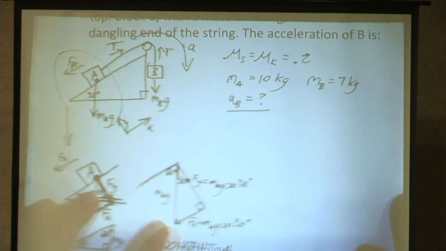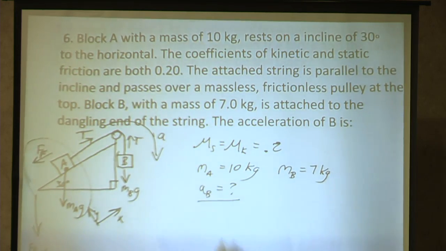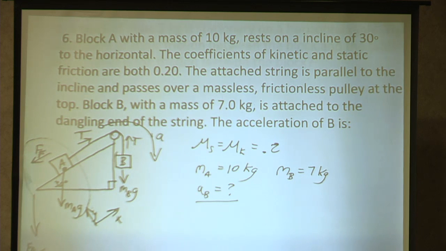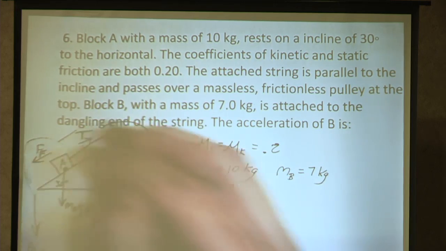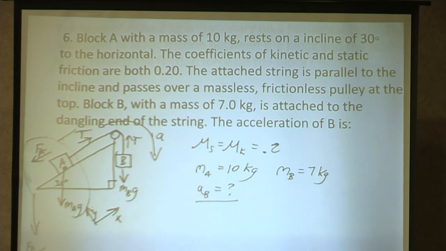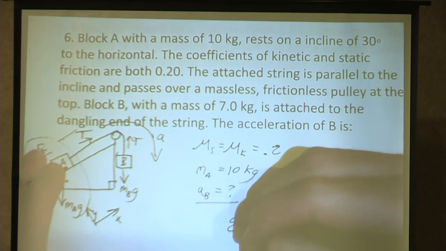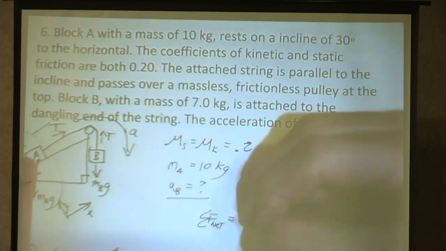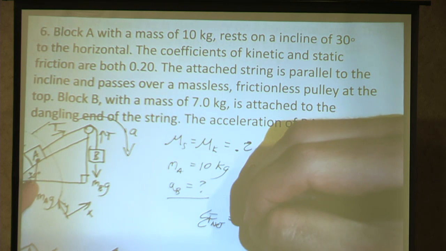Okay? So why do we need forces? Because we're trying to find an overall acceleration of block B. But because there's a string and they're all tied together, they're one. The acceleration of A moving this way is the same as the acceleration of B moving this way. It's all one system. So we're going to do a nice sum of the forces equals the mass times acceleration.